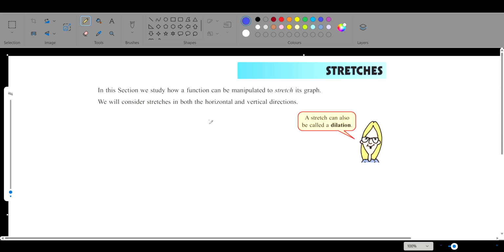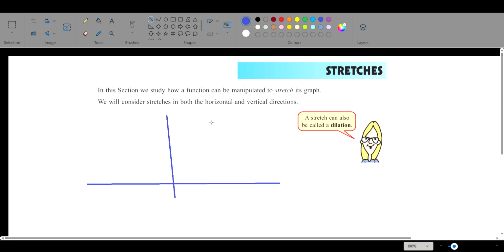It's very relatable to the stretch in real life. You might have seen in sports, the stretch comes out and ligaments tear, or suddenly the hands stretch. In a function also it happens.